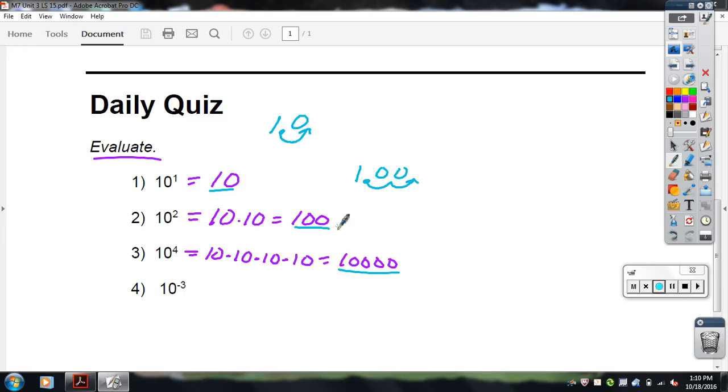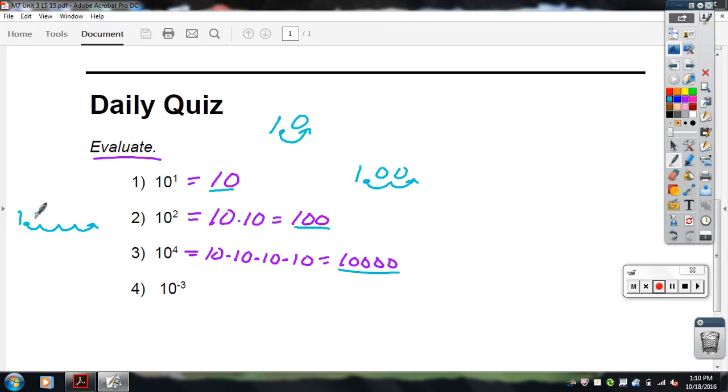So it's less about how many zeros and more about how many times the decimal place moves. And if we look at the third example, 10 to the fourth, this is really take the number 1, and we're going to move the decimal 1, 2, 3, 4 times.